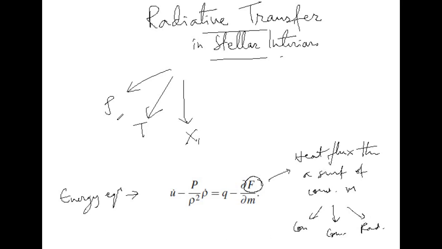Now in order to talk about the transport of energy through radiation, we need to first define certain quantities. The first quantity that we need to define is one that describes the radiation field and the flow of energy through that field. So what is the heat flux?